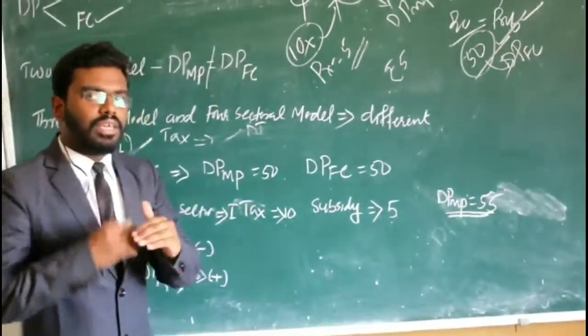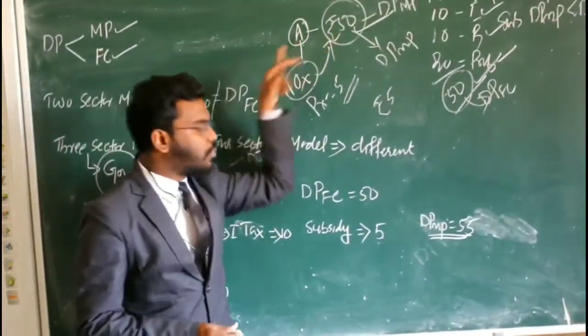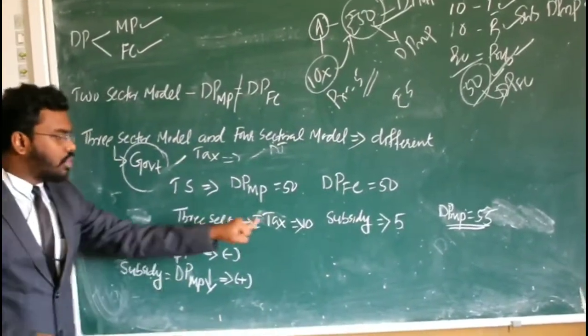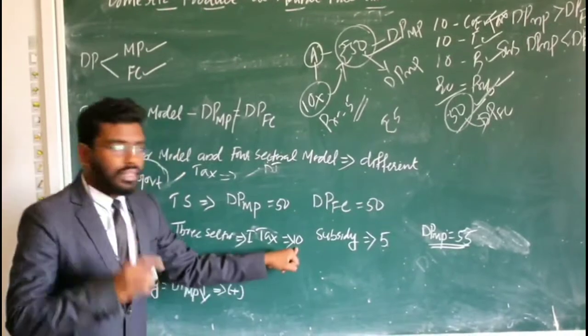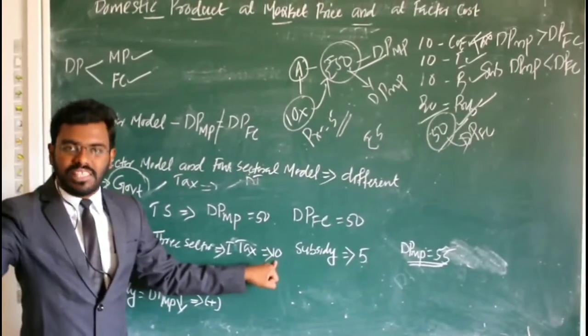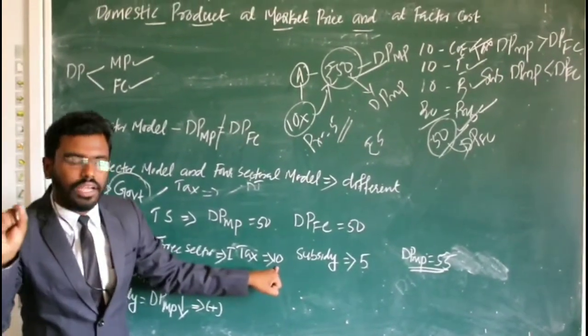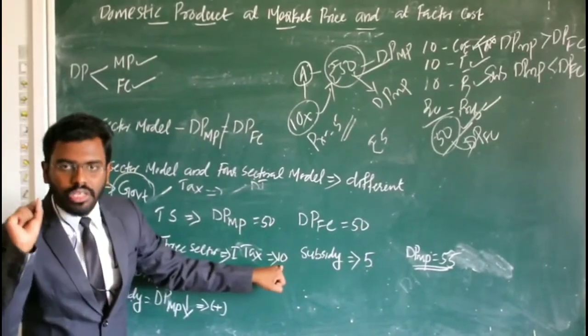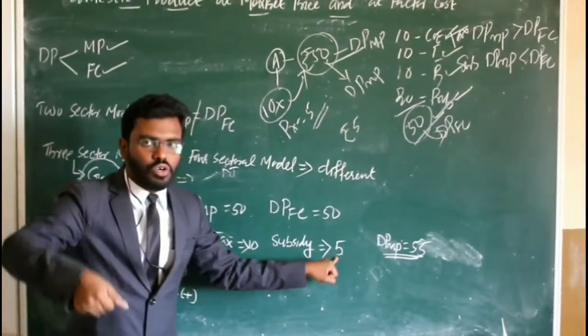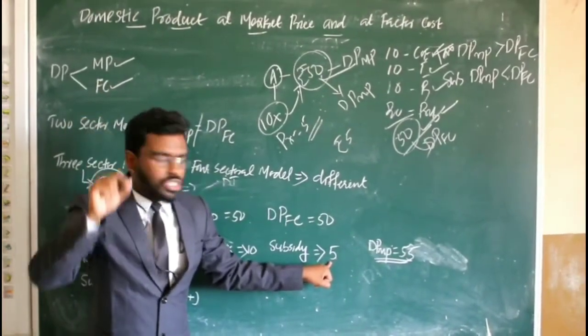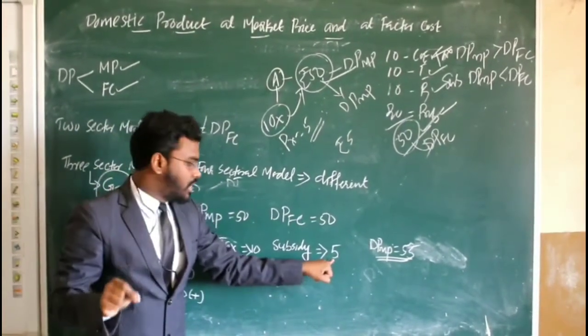So present domestic product at market price is equal to rupees 50. That means previously he produced a rupees 50 commodity and the government imposed a tax of rupees 10, then 50 became 60, 50 plus 10 equals 60, and at the same time the government provided a subsidy of rupees 5 also. That 5 should be reduced from rupees 60.